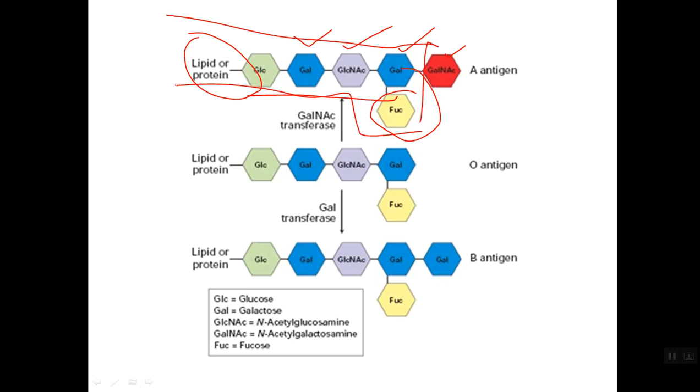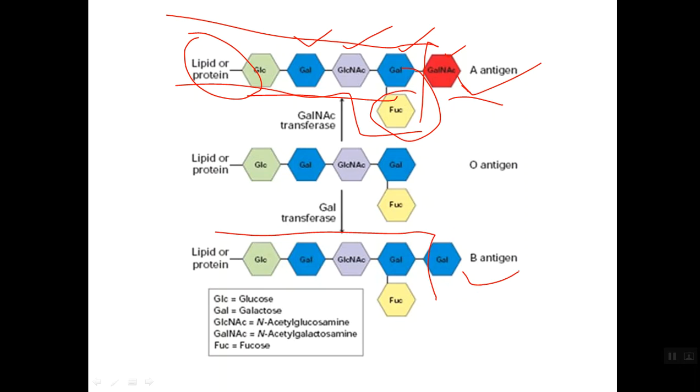But in case of A antigen, we will find N-acetyl galactosamine along with the basic H antigen. Whereas in case of the B antigen, you have the basic core structure, but instead of the N-acetyl galactosamine, galactose will be there.